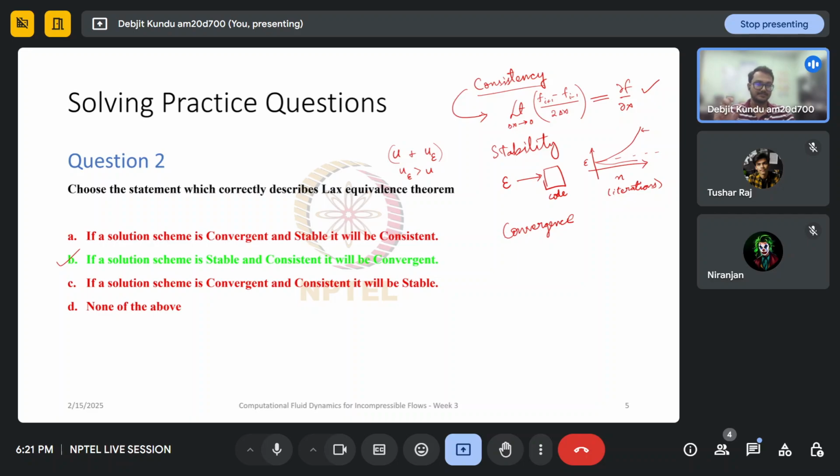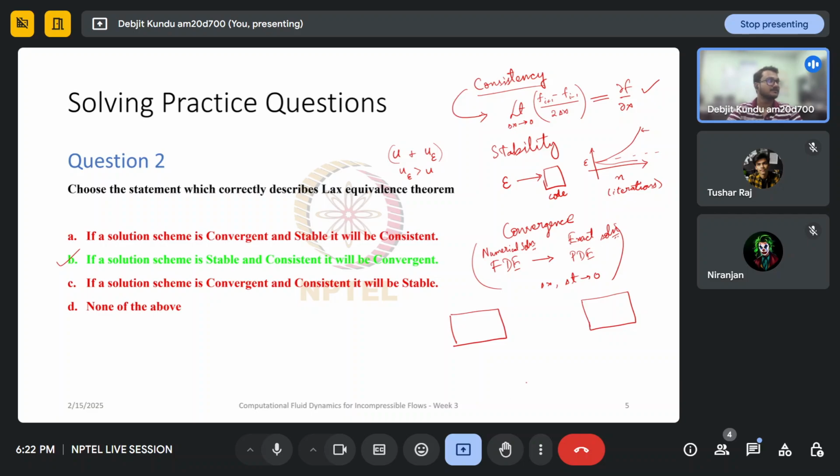The textbook definition of convergence is that the solution of the finite difference equation that we're trying to solve, with more and more iterations, if the numerical solution of the difference equations approaches the exact solution of the PDE, of course with delta x and delta t approaching 0, then this whole scheme is called a convergent scheme. Otherwise, it's not.